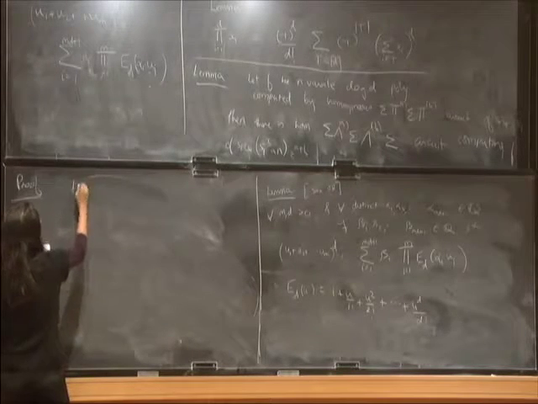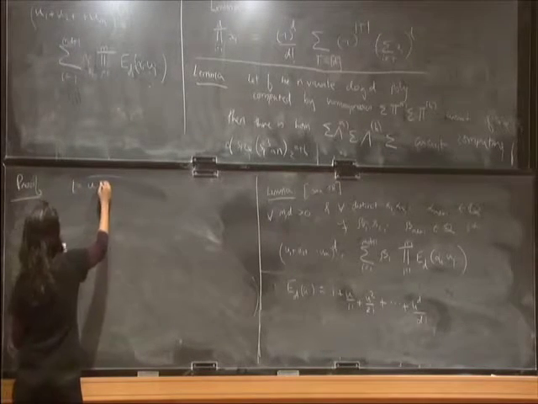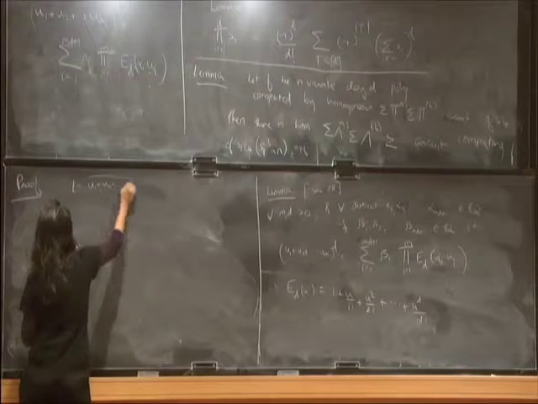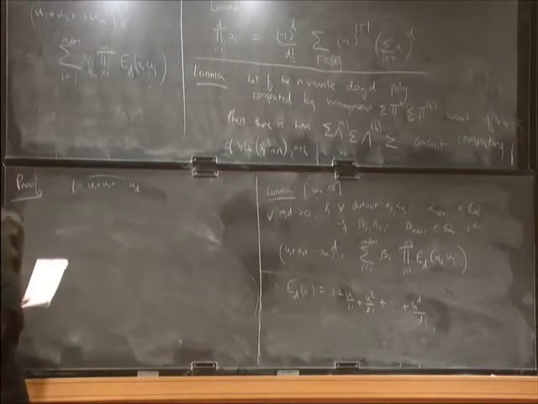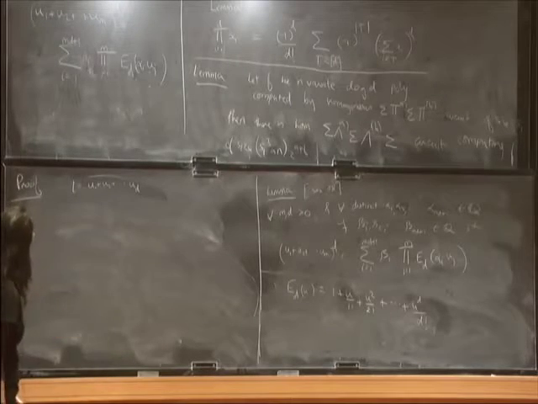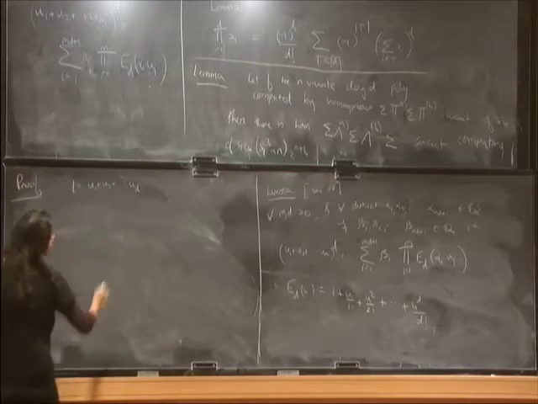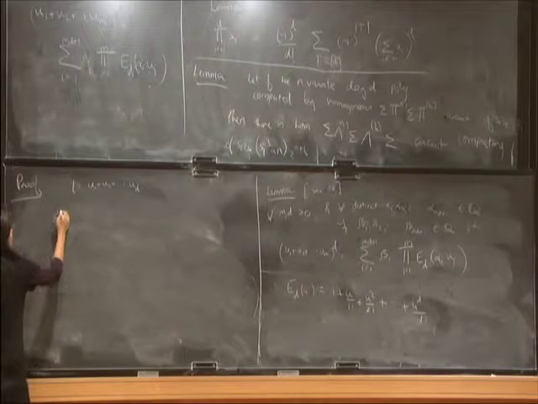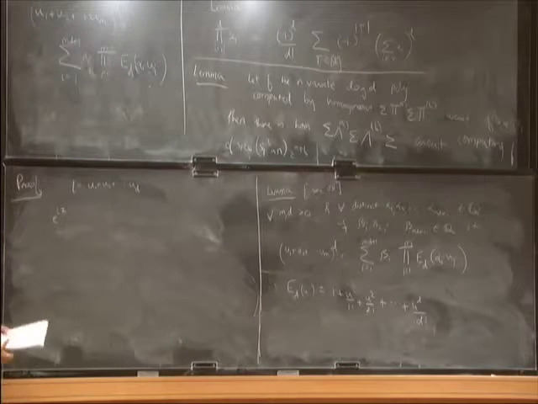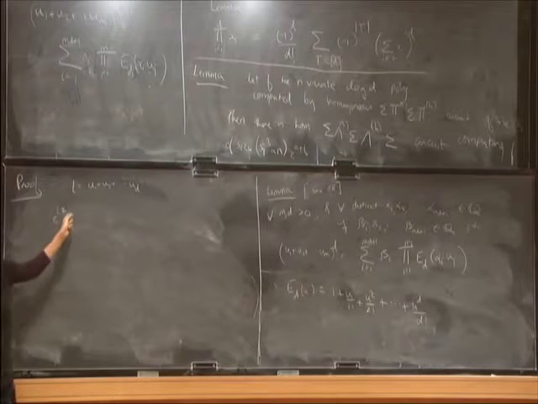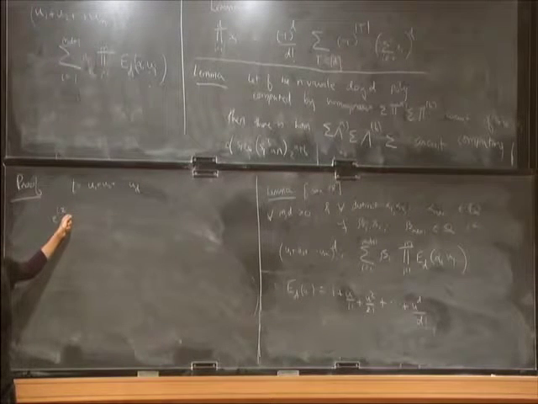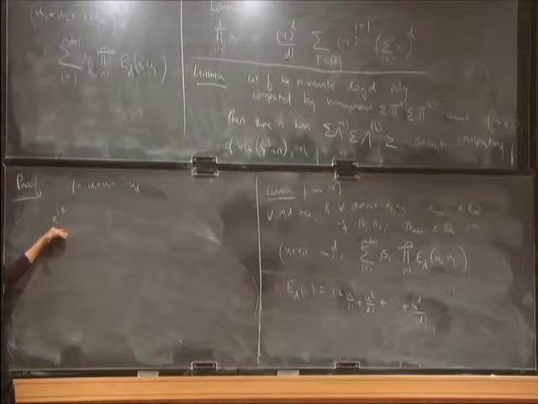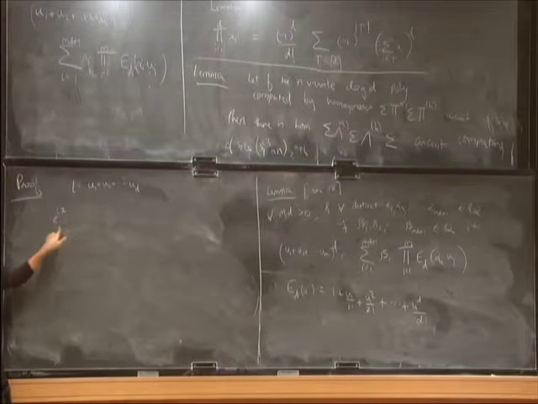Let's give this linear form the name L. And let's look at the Taylor expansion. Let's introduce this variable z and look at the formal Taylor series expansion of e to the Lz.